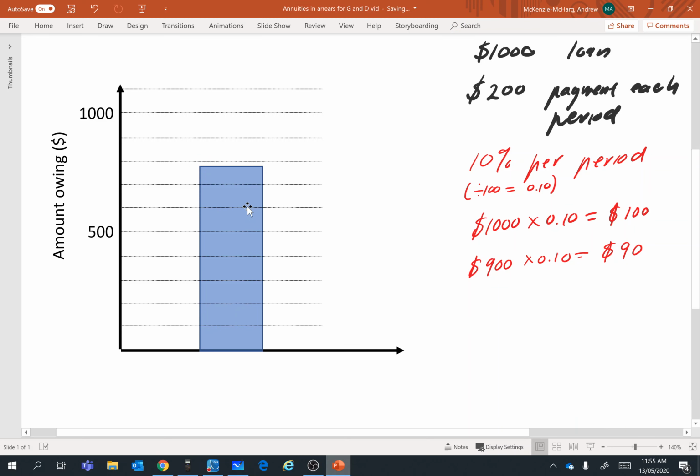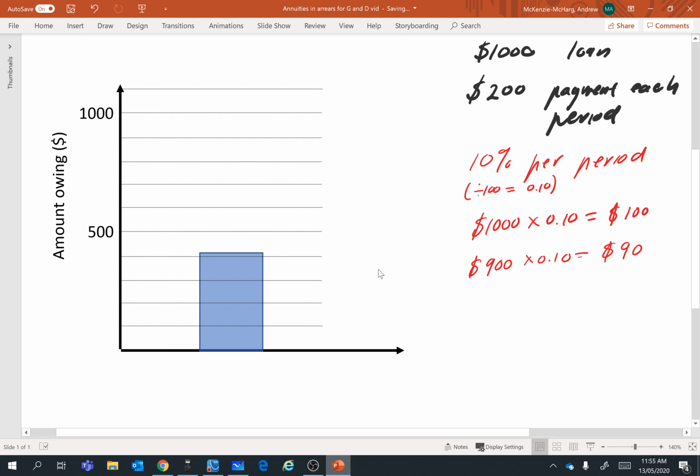So you see that we start to get this situation that's a bit like two steps forward, one step back. The bank will add the interest on, and the person pays off some money, and then the bank adds a bit of interest on, and the person pays off another $200. So we're constantly getting this adding interest, paying off the loan, adding interest, paying off the loan, and eventually the person will whittle this down until the amount owed is zero.